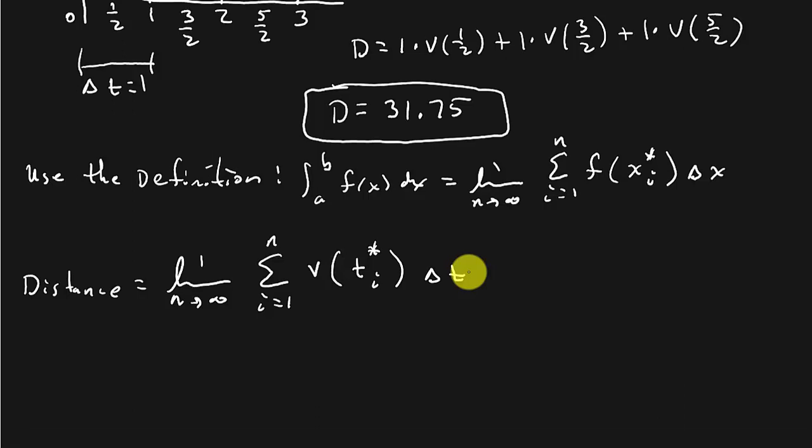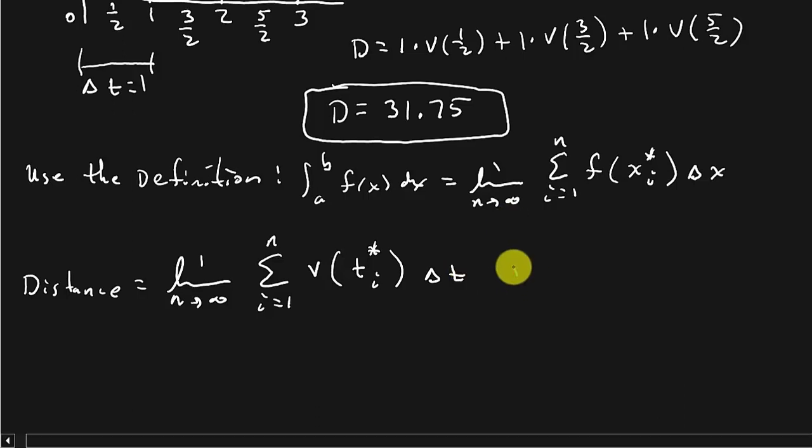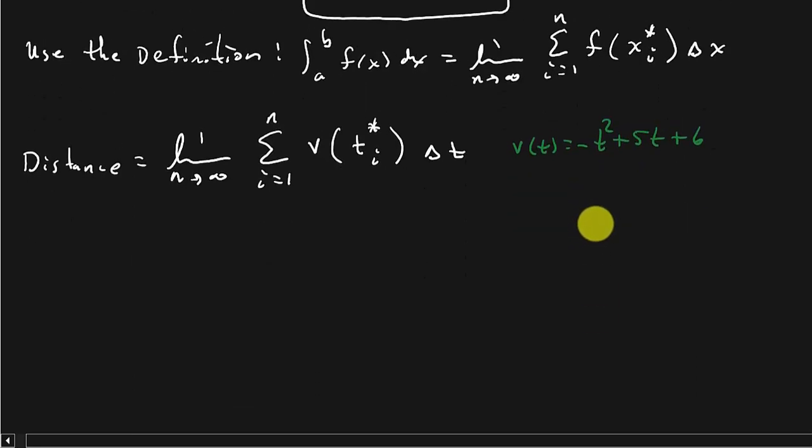And let's go ahead and write down v of t is equal to negative t squared plus 5t plus 6. I'm just writing the function down again so we can see it. I'll probably write it down as we have to keep scrolling. So now what do we need? We need delta t. We need the width.